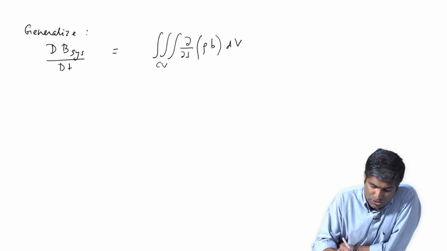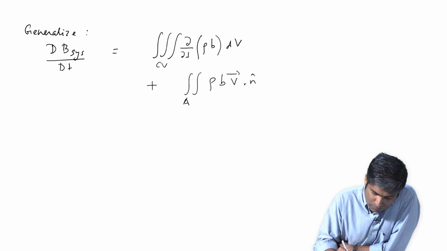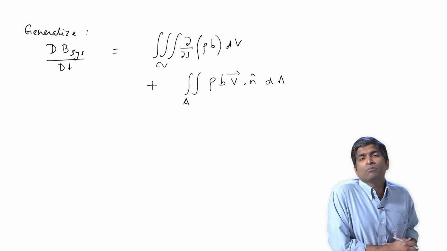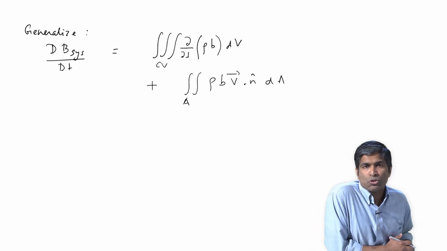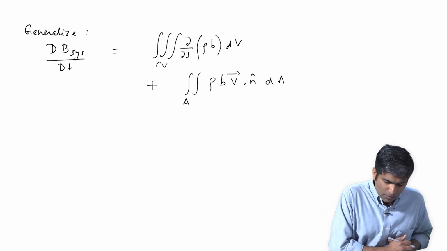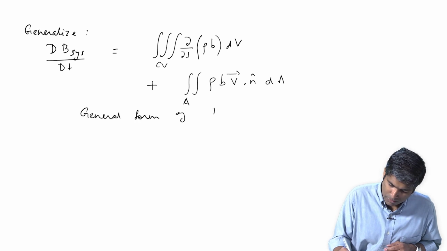That's the time rate, and then whatever is entering or leaving the system through the surface area, so that's an area integral. So this follows from the Gauss divergence theorem that you saw maybe in the first week or so of class. So this is the general form of the Reynolds transport theorem.